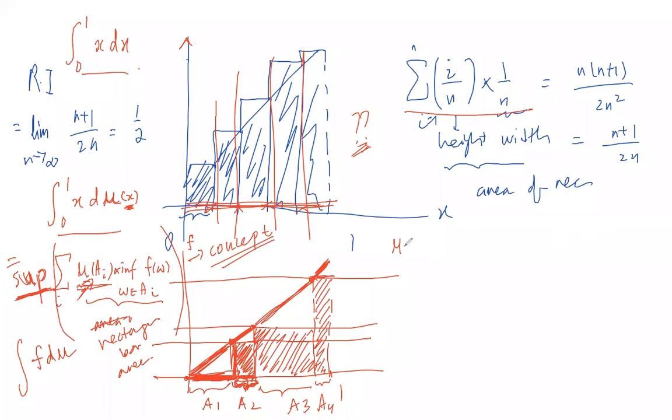For example, if you have mu of an interval like A to B, the measure of the length will of course be B minus A. But if this is a set, an interval is a set, and you take mu of a set like this, a countable set, the mu of this is 0, because the measure of a countable set is 0. When the set is countable, even though it's infinitely large, the measure is still 0.